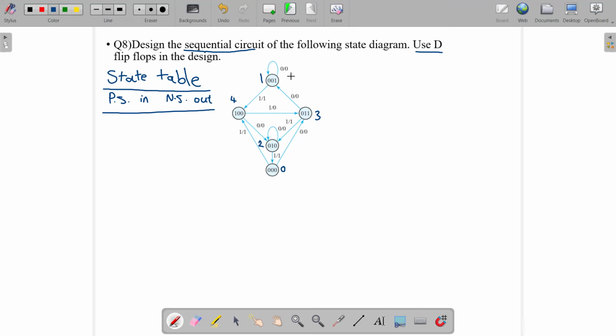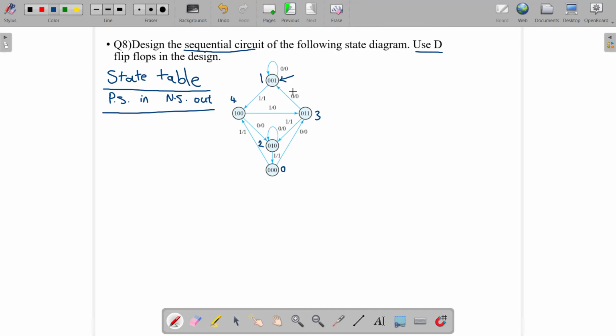At each state we have 3 bits, which means that we need 3 flip-flops A, B, C, because for each bit we need to use the D flip-flop. According to this information that we could extract from the state diagram, we can fill this table.